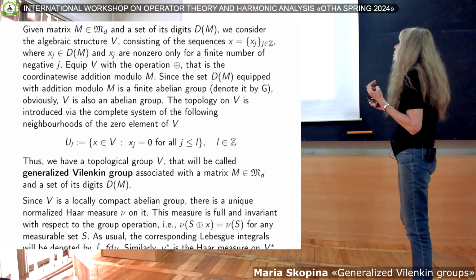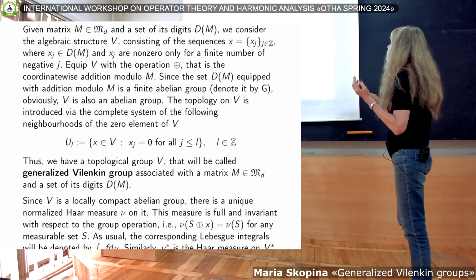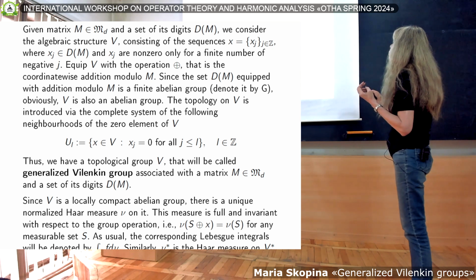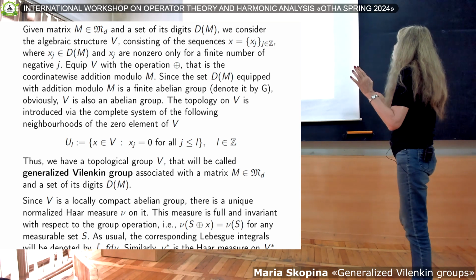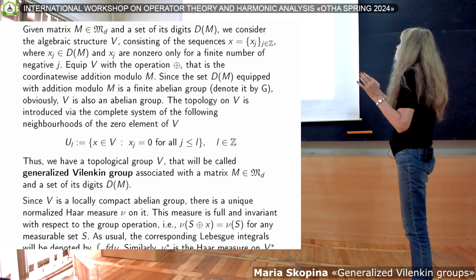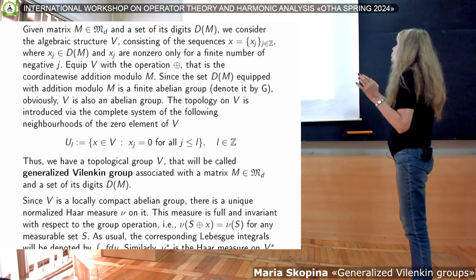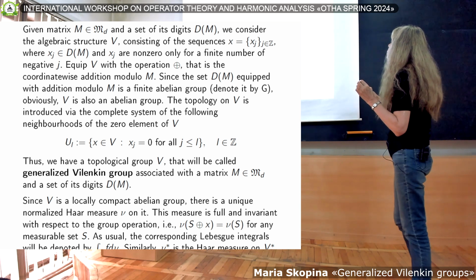So we can give a definition of the corresponding generalized group, but not for arbitrary groups, only for a group that is a set of digits of some matrix. What is this?